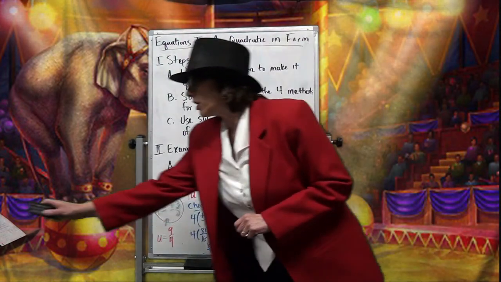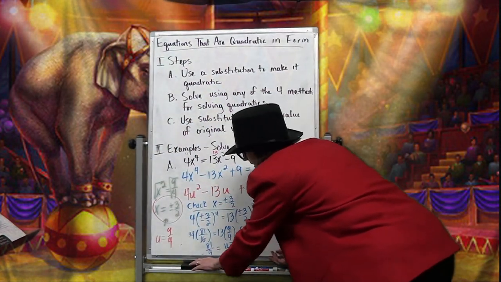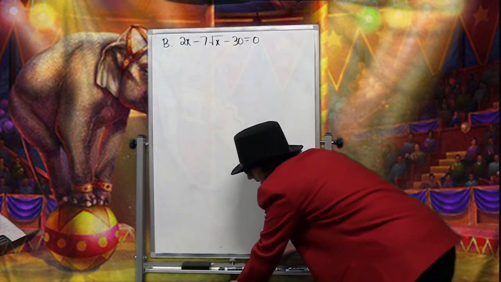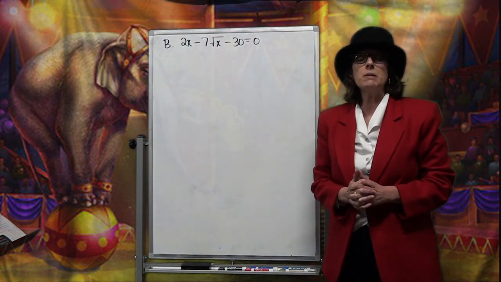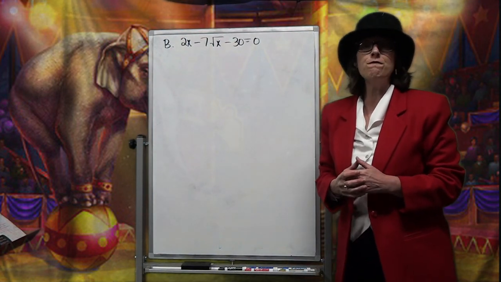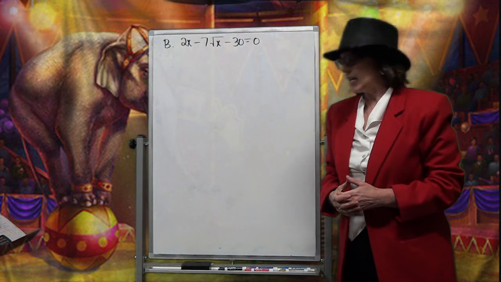Now, let's take a look at another example just to make sure we're very good at this. And notice that in this second example, looking a little bit weird because we have a square root in there. Here is where a substitution becomes very helpful because this is quadratic in form. It doesn't feel like it's quadratic in form, but it is.